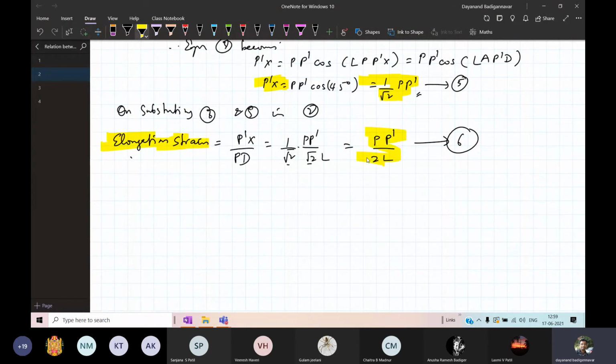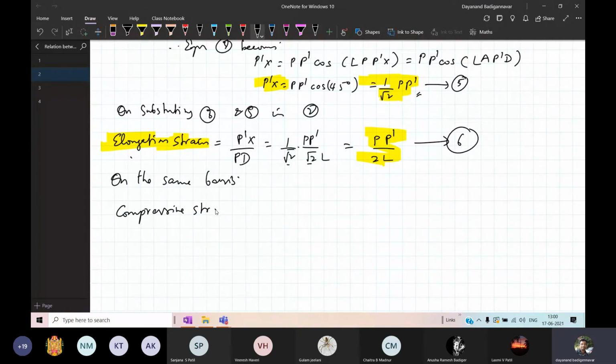Similarly, on the same basis, I can write the compressive strain.